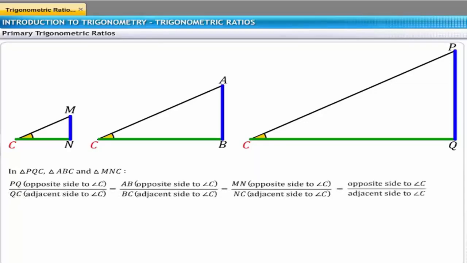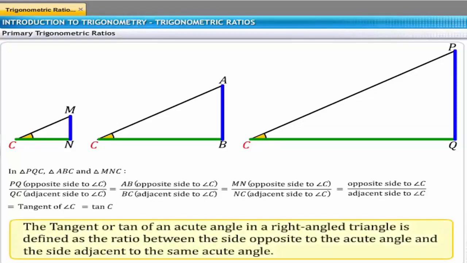This constant ratio is named as the tangent of angle C. The tangent of angle C is written as tan C. The tangent or tan of an acute angle in a right-angled triangle is defined as the ratio between the side opposite to the acute angle and the side adjacent to the same acute angle.